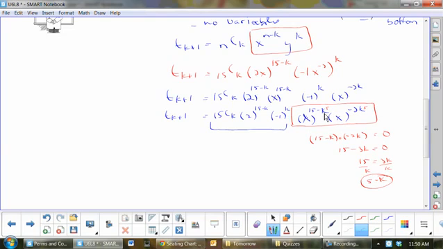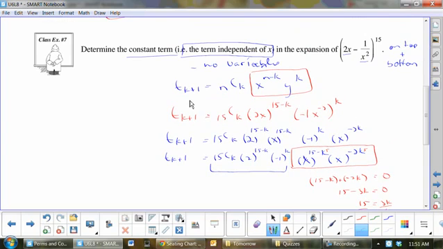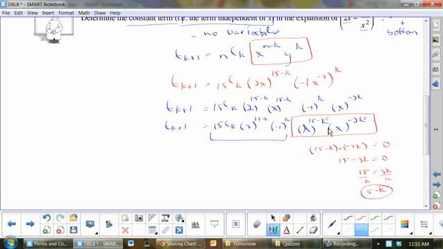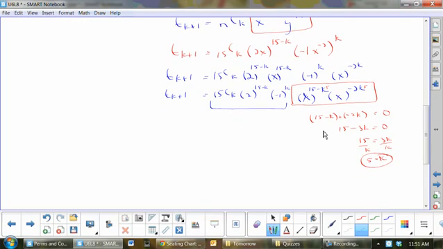What number would make that happen? If they had told me what the numerical coefficient was, I would make this equal the numerical coefficient. But they did give me the variable coefficient, which is get rid of them. So determine the constant term means tell me the term in which the x's kill themselves, or the variables actually delete themselves.